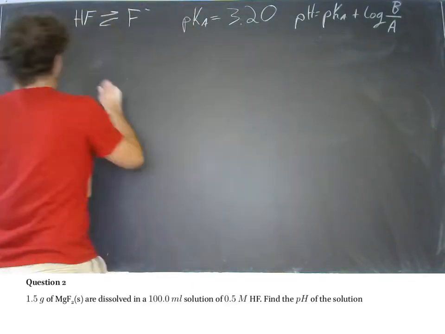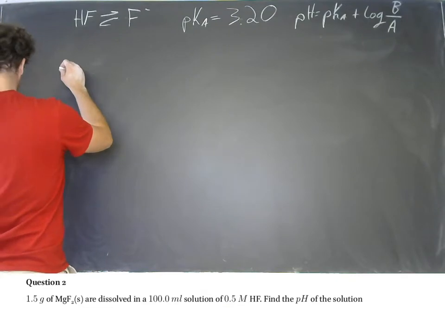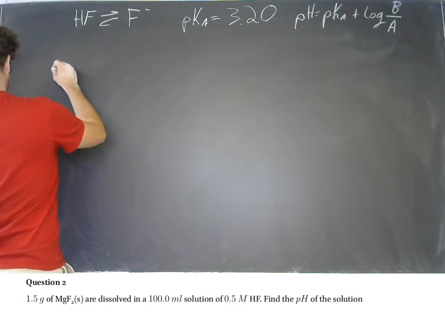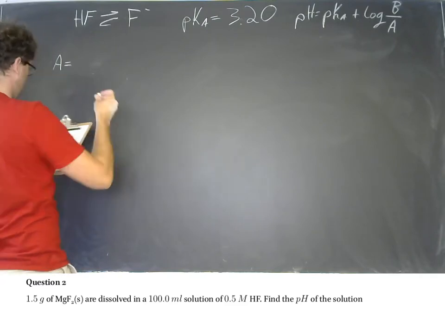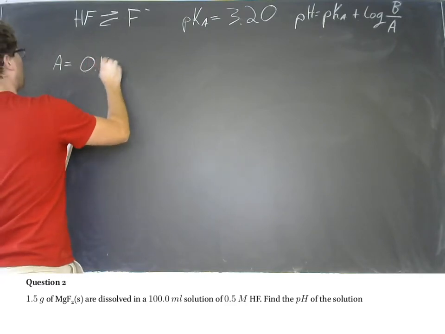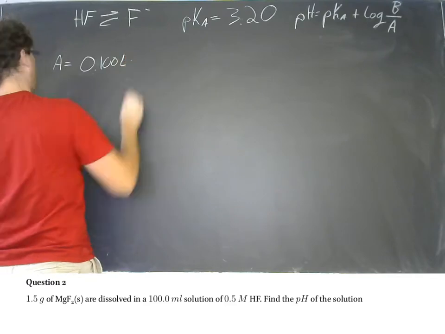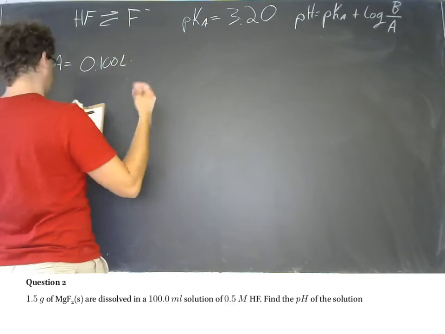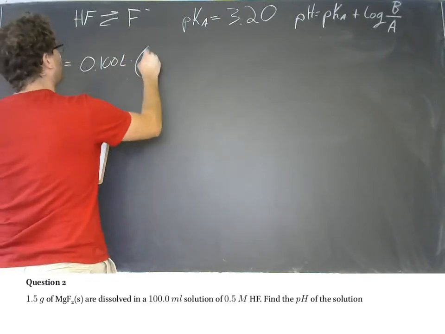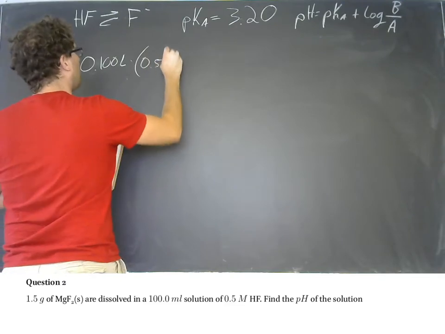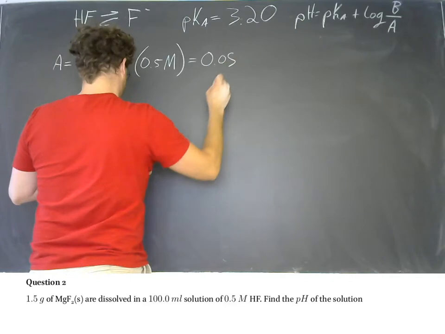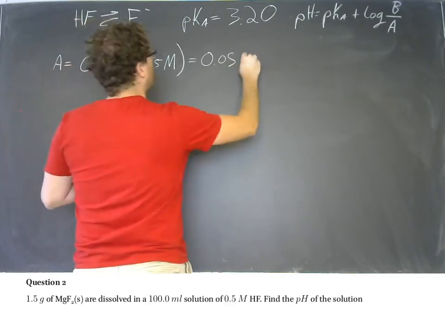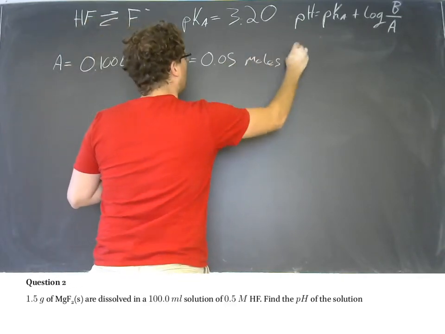So let's figure out how many moles of acid we have. We have 100 milliliters, that's 0.100 liters. And the molar concentration is 0.5 moles per liter. And this is going to give us 0.05 moles of HF.